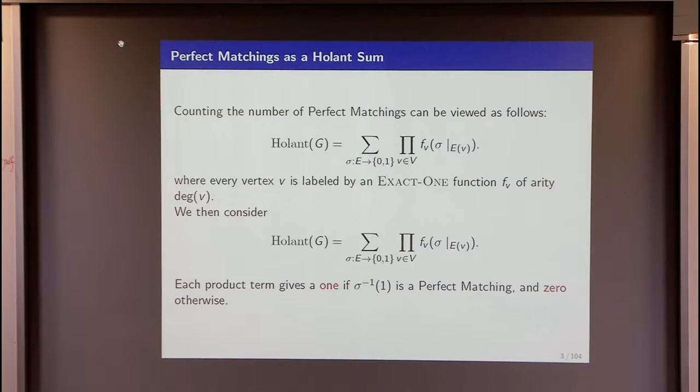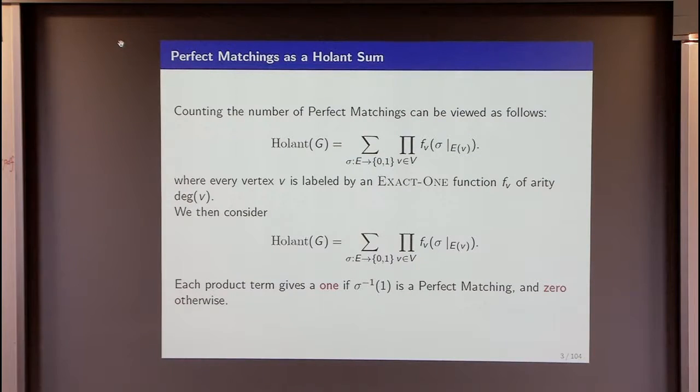And then we also mentioned last time that counting perfect matchings can be expressed in such a uniform way, called the Holant problem, where you assign the exactly-one function at every vertex and look at edges as variables, and then you take each edge to be in or out, and for every particular pattern, locally for every vertex, exactly one incident edge is the perfect matching requirement, and the sum over 0, 1s, where the zeros indicate it's not a valid matching, 1 indicates it is, becomes the number of perfect matchings.